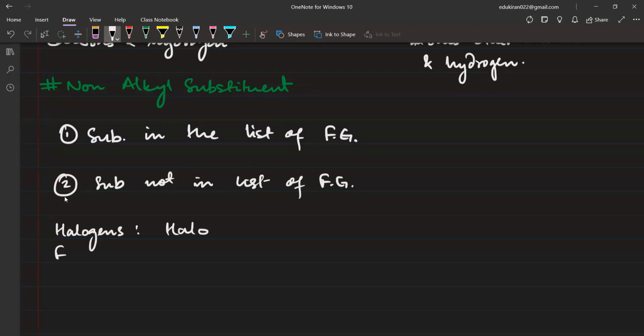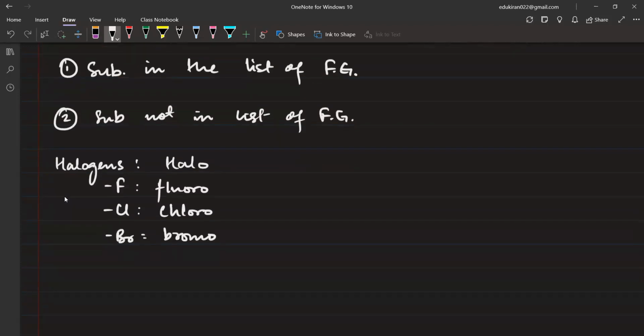For halogen, you have fluorine, so I will write it as F. If you have F attached, you will write fluoro. If you have Cl attached, you will write chloro. If you have Br attached, you will write bromo. And if you have iodine attached, you'll write iodo. So this is all about halogens.